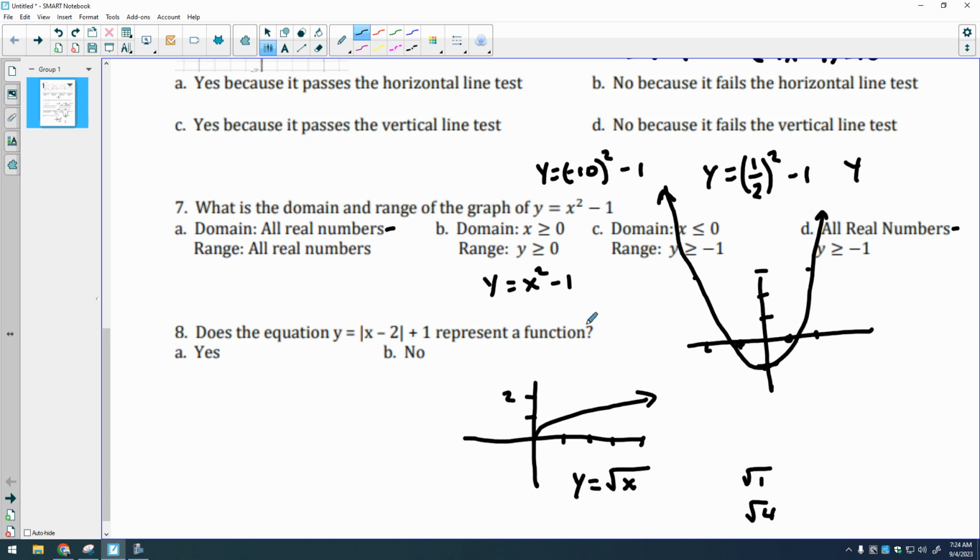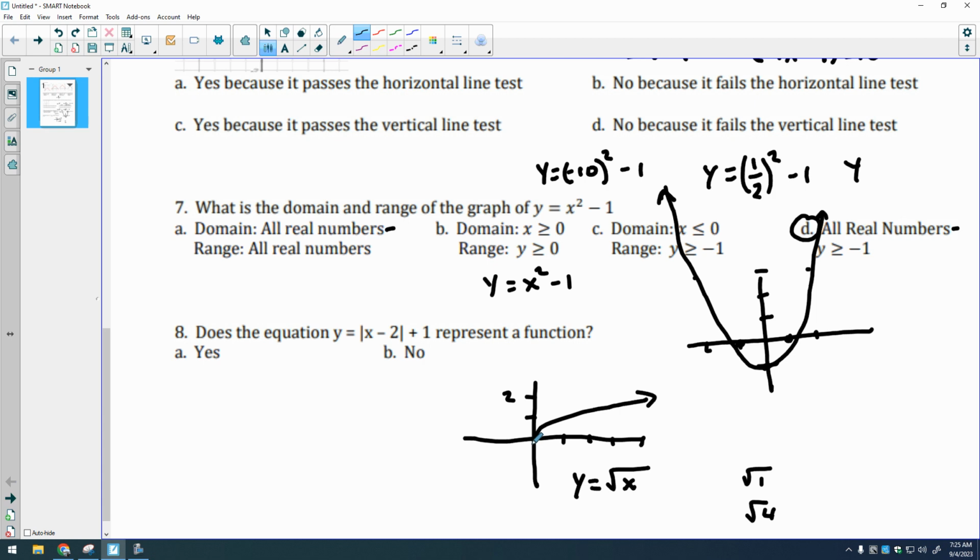Or another way of saying it, no matter what I plug in for x, my y value, the output, will never be a negative 2. It'll never be a negative 3, and so on. My range is y is greater than or equal to a negative 1. So the answer to question 7 is D.